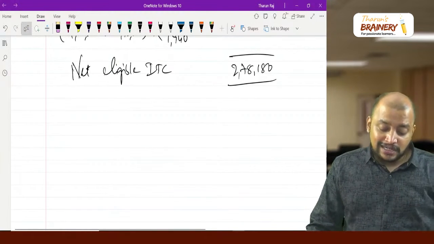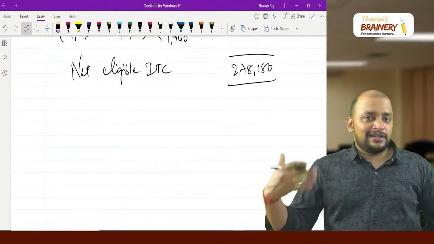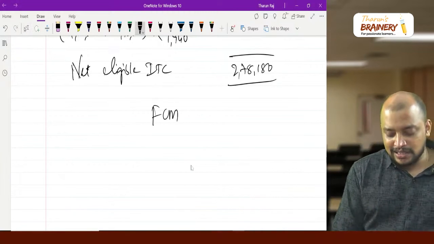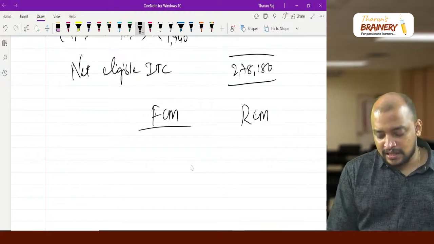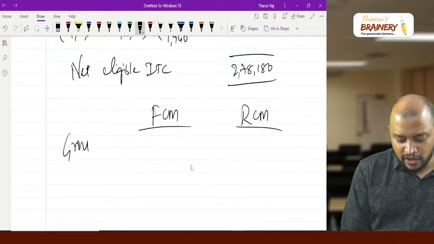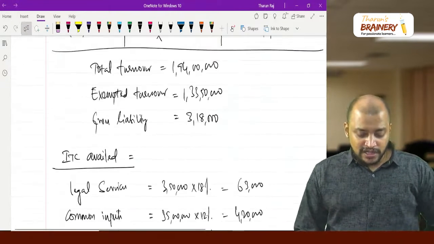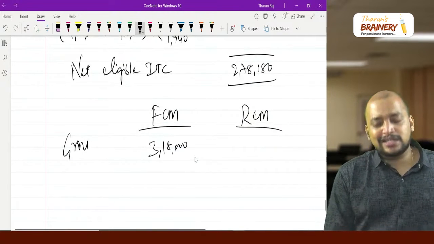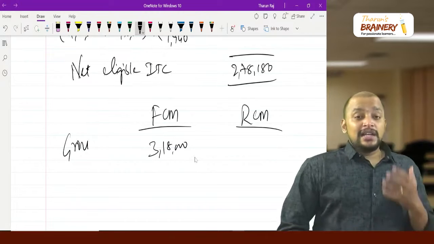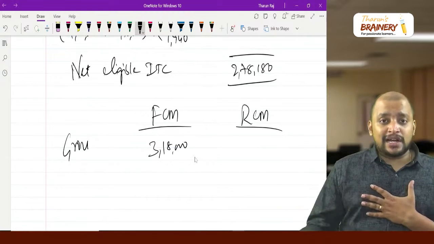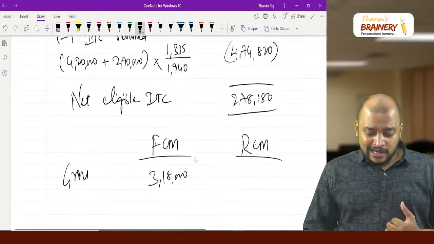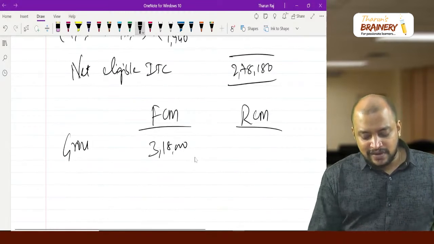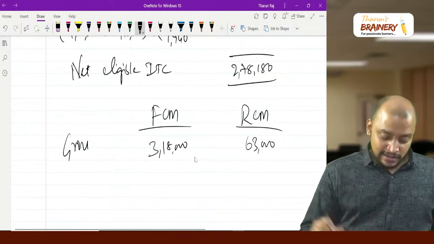Now for this net eligible ITC, what we need to do? We will take first the FCM liability and RCM liability, gross. Gross FCM liability is 3,18,000. What is the RCM liability? Legal services provided to Surana will come under RCM. 63,000 is our RCM liability. There is nothing else.